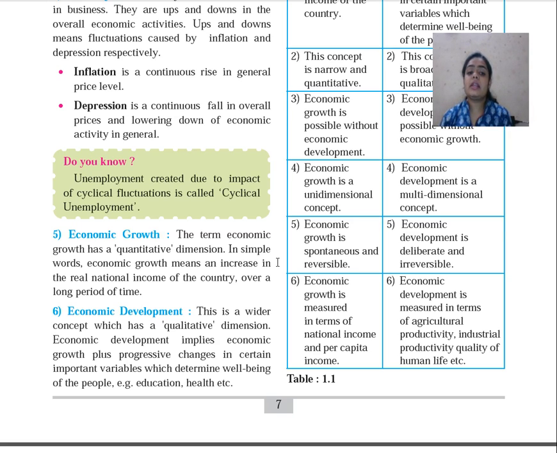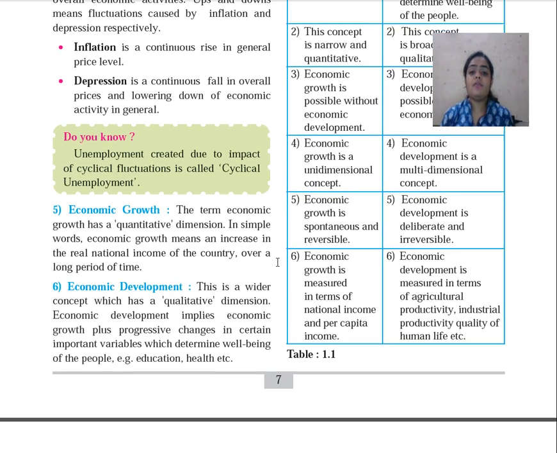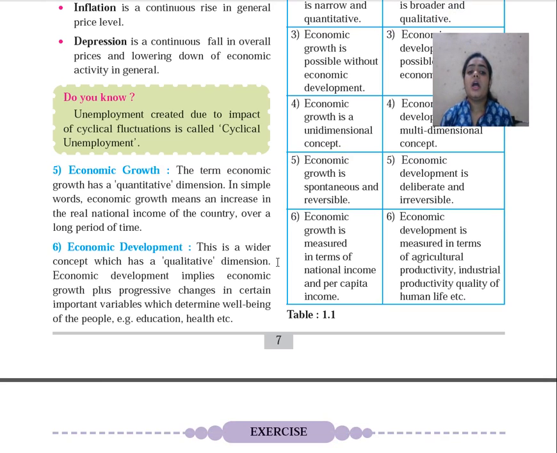So we say that there is economic growth in the country. Then we have economic development. This is a wider concept which has a qualitative dimension.